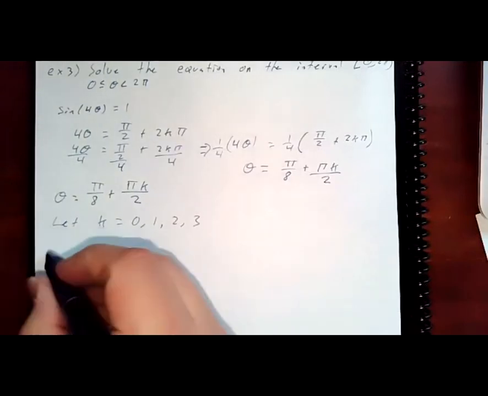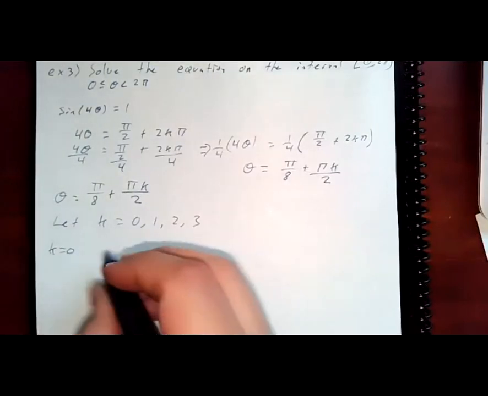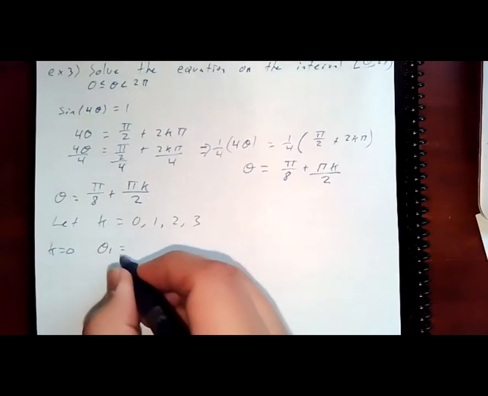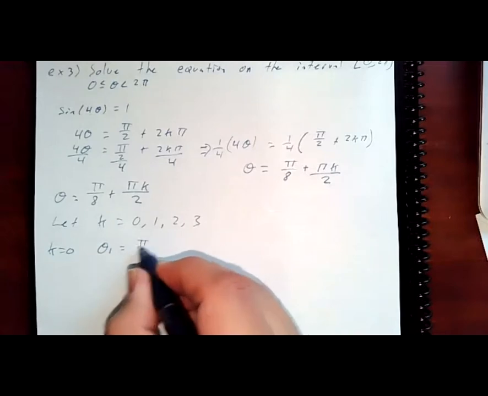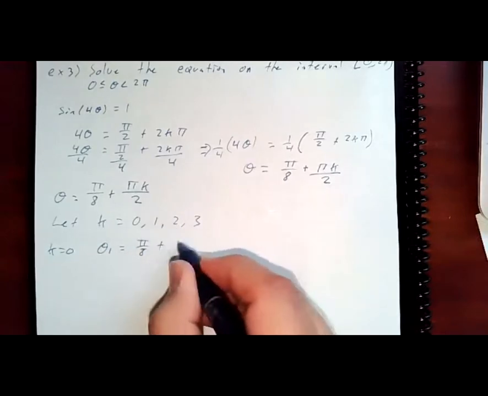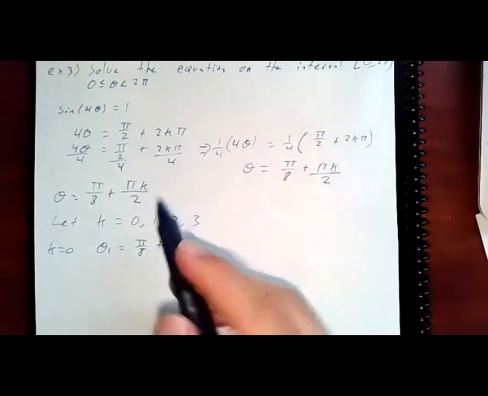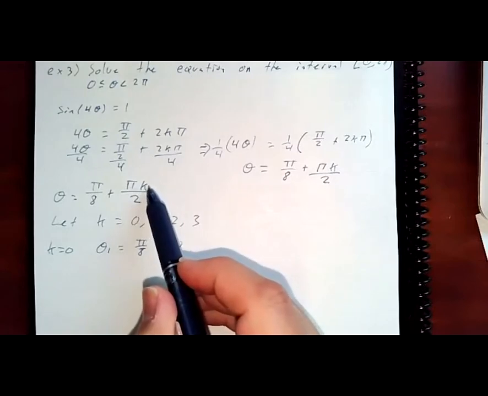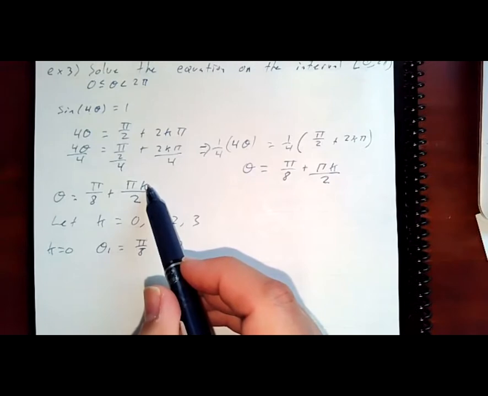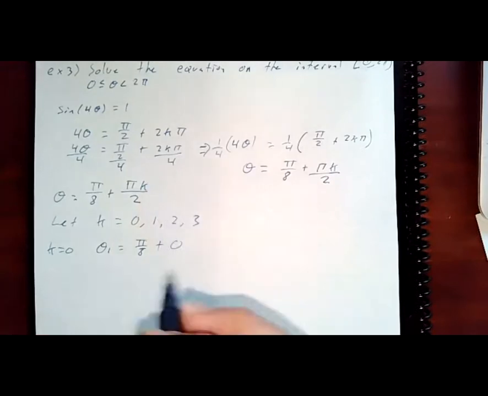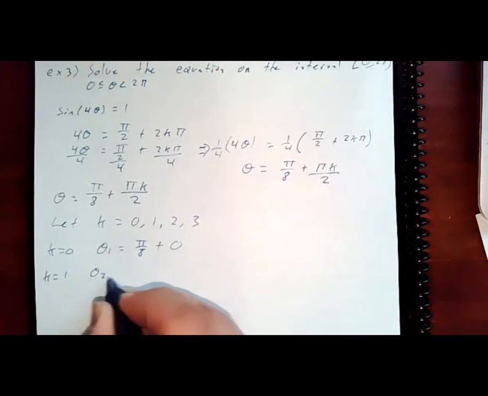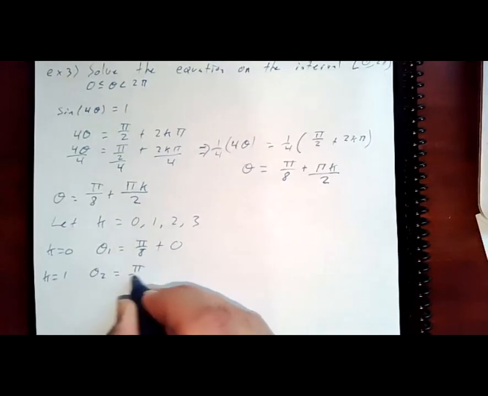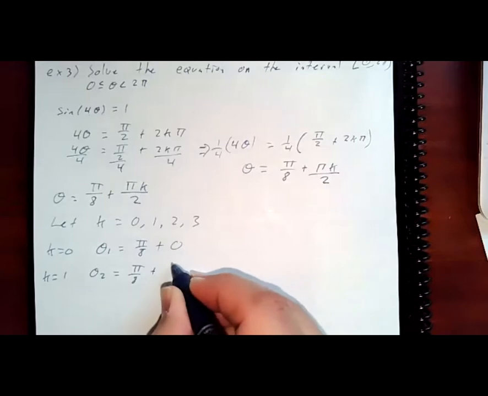Okay, so k equals 0. Theta 1 would be pi over 8, right? Because this would zero out. You put the 0 here. Do you agree? You see what I mean? Let k equal 1, that'd be the next solution. It'd be pi over 8 plus one of these.